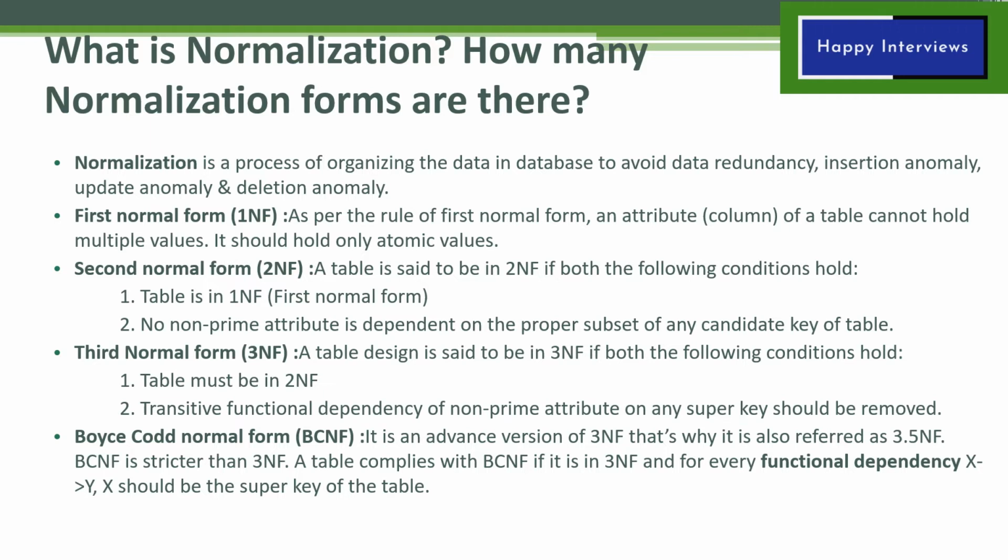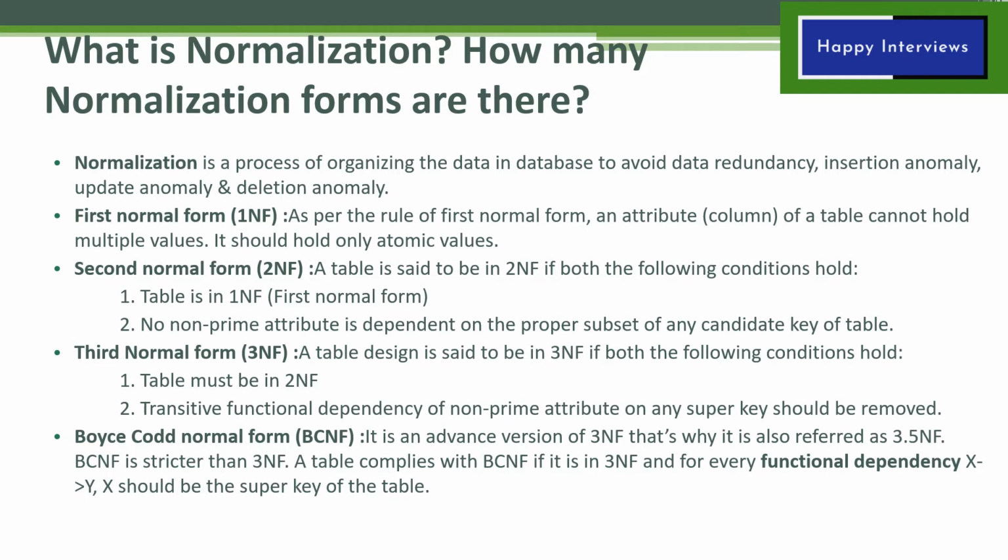Say there is a table where we have a combination of two fields as a primary key, like student ID and department ID, and the combination of it makes the primary key. And there is some column in the same table, like department name, which is dependent on only department ID, not on student ID. So it is like only a subset of the primary key dependency is present there.